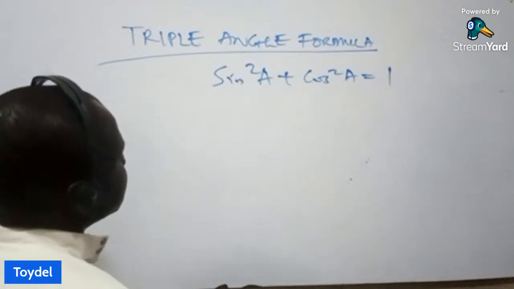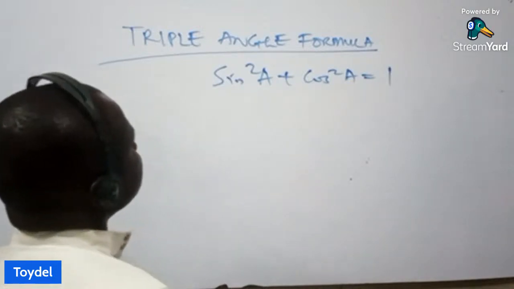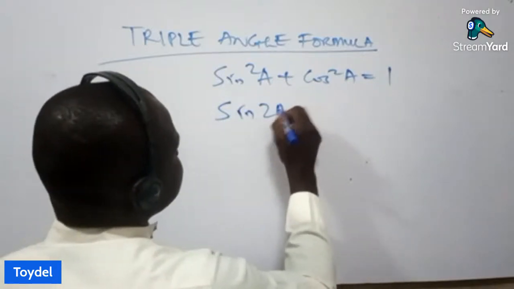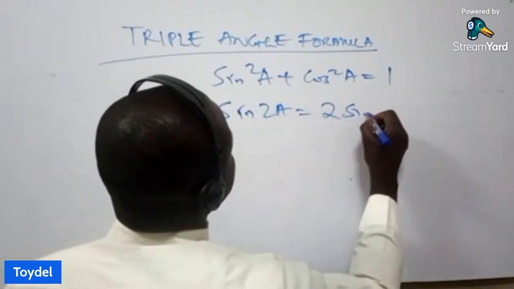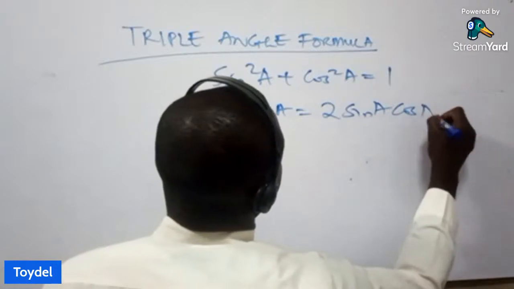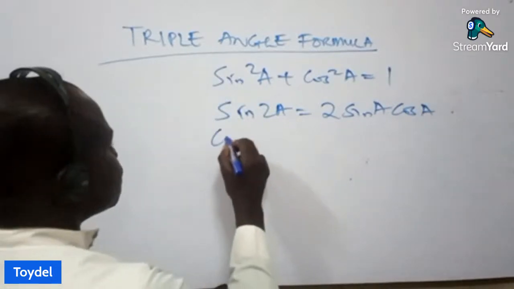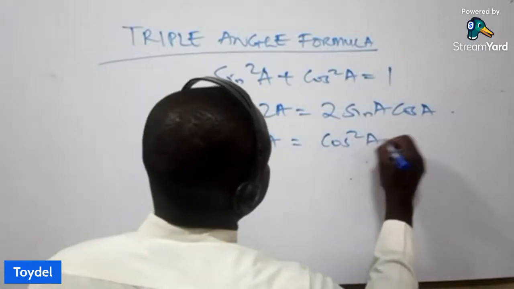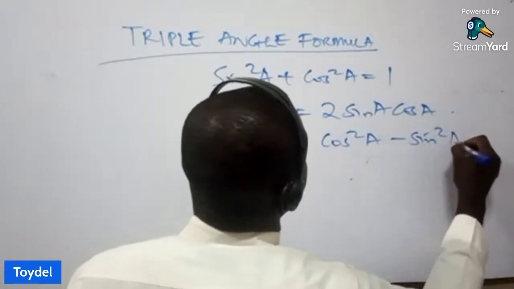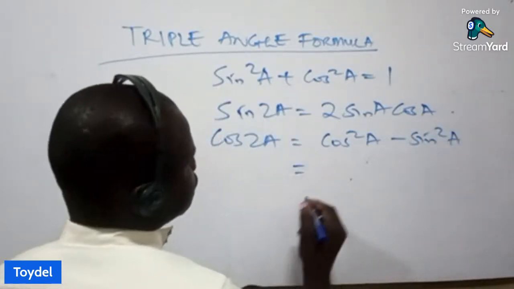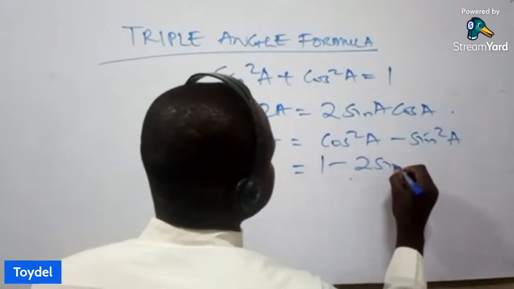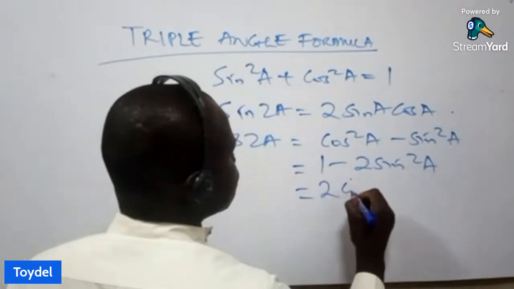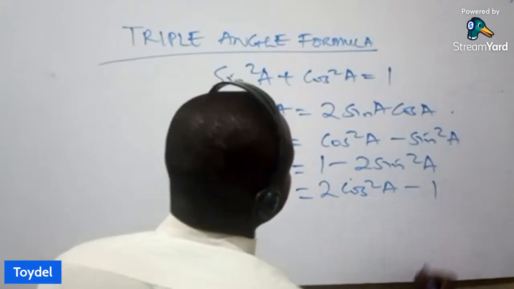So, when we discussed double angle formula, you recall that sine 2A is given as 2 sine A cos A. Then cos 2A is given as cos square A minus sine square A, or 1 minus 2 sine square A, or 2 cos square A minus 1.